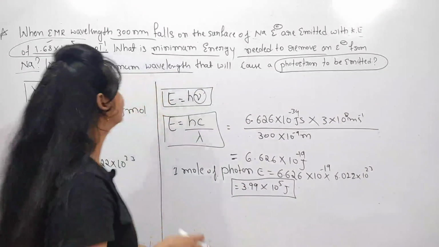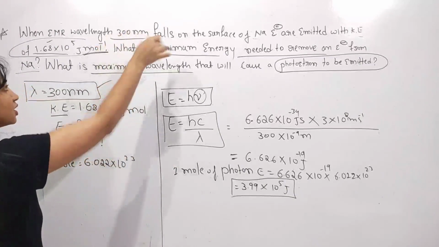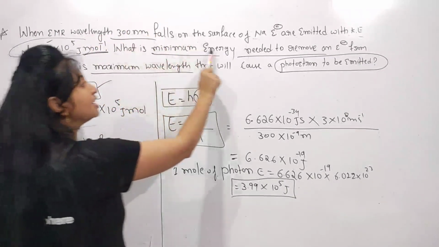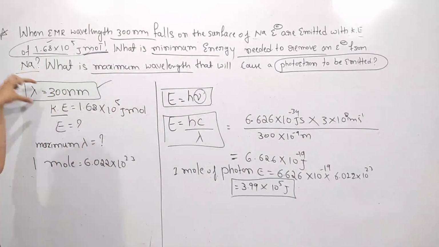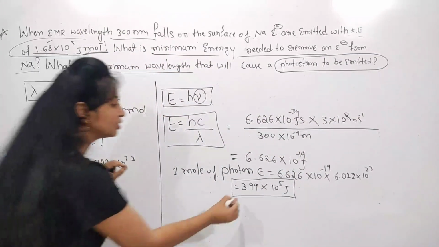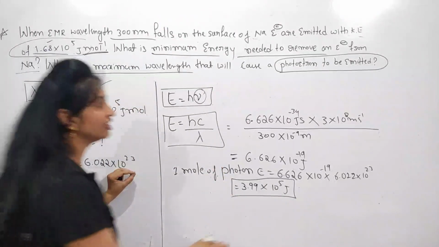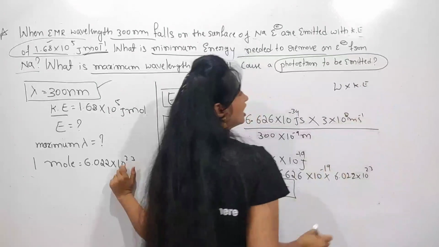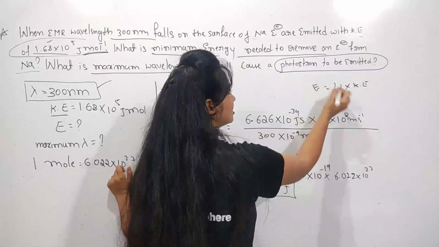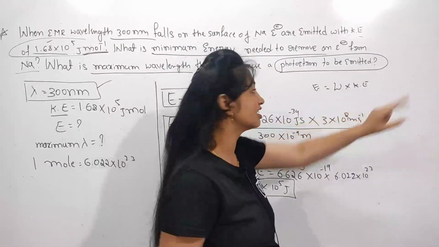What we need here, just observe, is the minimum energy needed to remove 1 electron. They give us a kinetic energy. In the total energy, we have the work function and kinetic energy. We have two types of energy. Total energy is equal to work function plus kinetic energy.